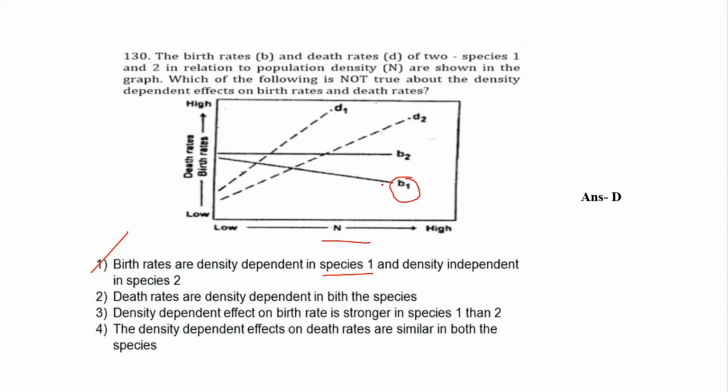The birth rate is density dependent in case of species 1, because we can see that some changes are happening as your density is increasing. Next, they are saying density independent in species 2. Well, that is not very clear also. Now, in the next statement, they are saying that death rates are density dependent in both the species.